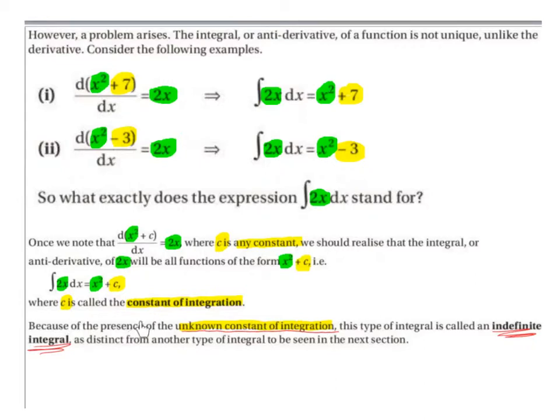Because of the presence of the unknown constant of integration, this type of integral is called an indefinite integral, as distinct from another type of integral to be seen in the next section. So the other type of integral we will see is the definite integral.